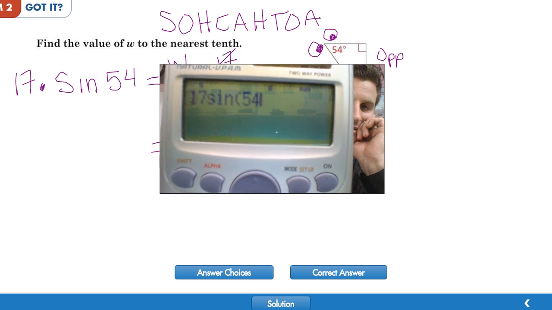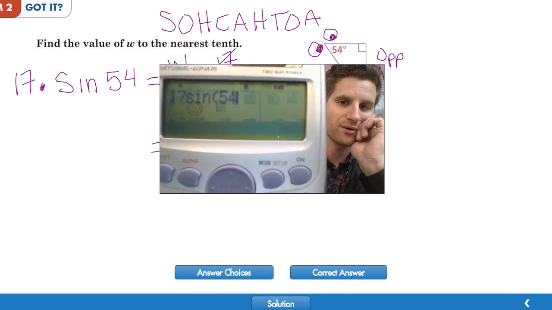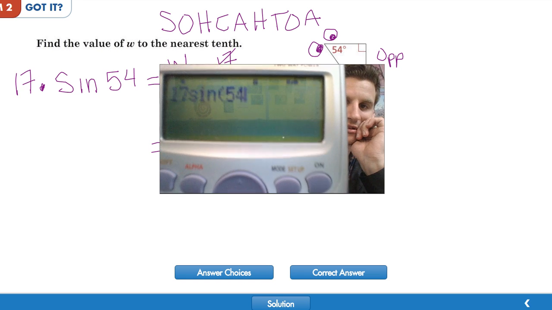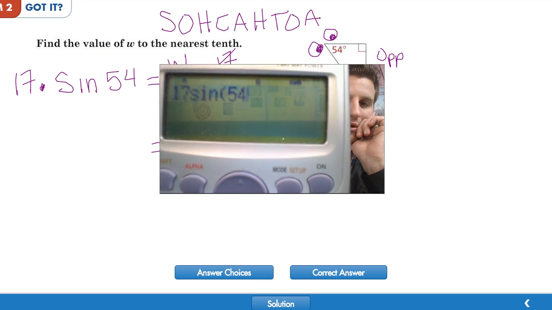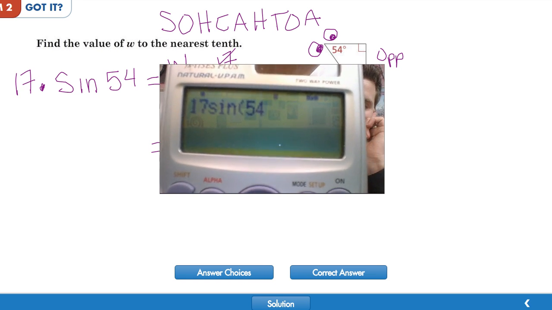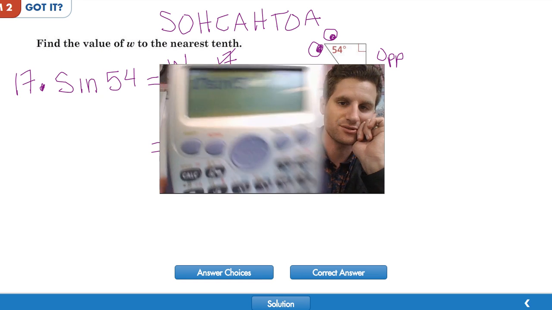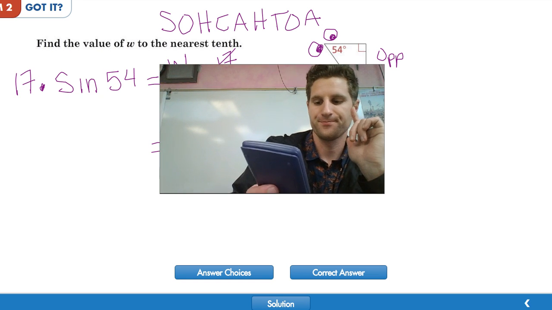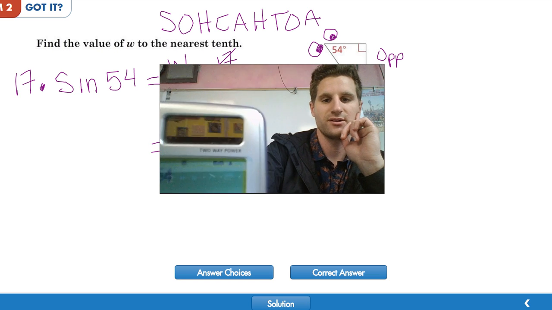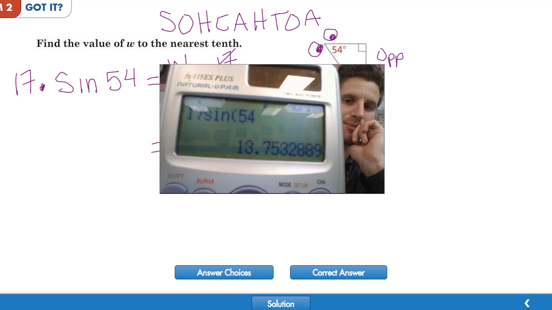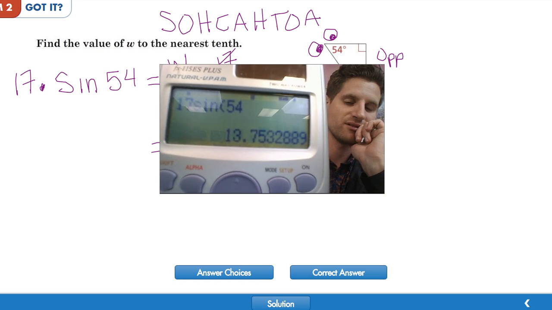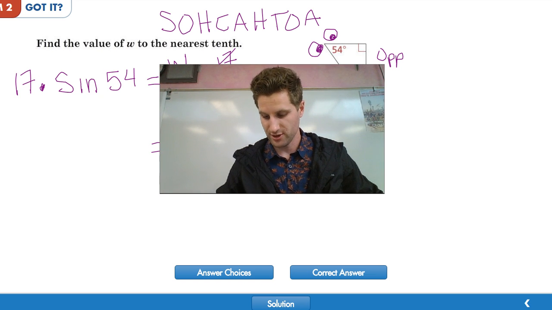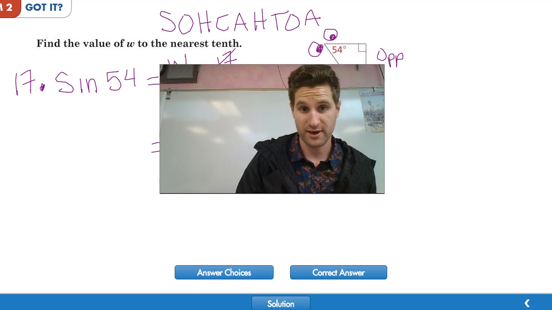So I did 17 sine 54. Now on my calculator there's a little d up there, meaning I'm talking about degrees. We'll talk about that in class. That's how your calculator has to be set to get this right. Just hit enter. Calculator does some thinking, and we come up with 13.75. So that's our answer, 13.75.